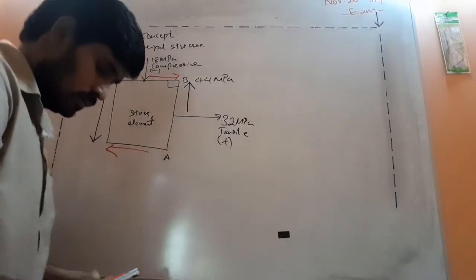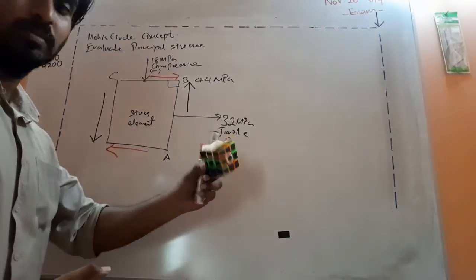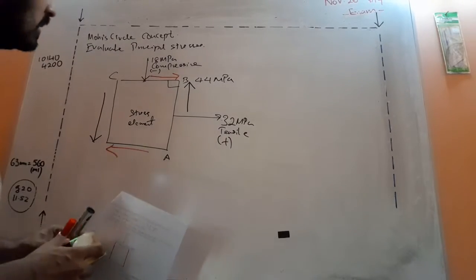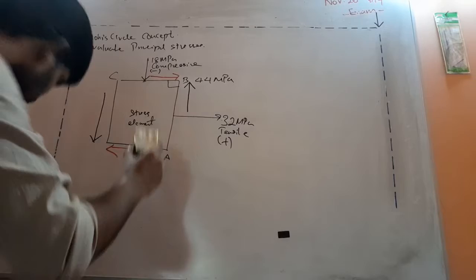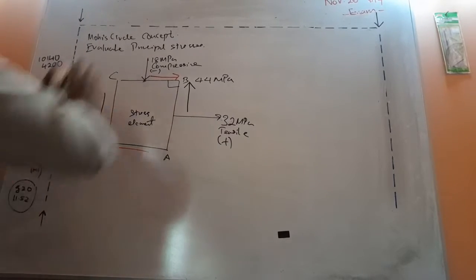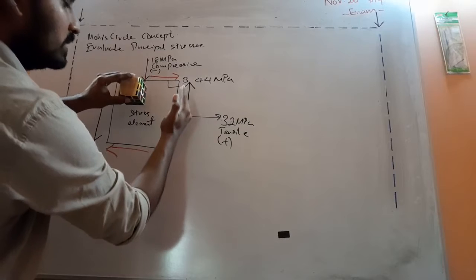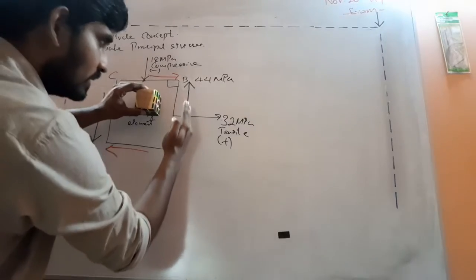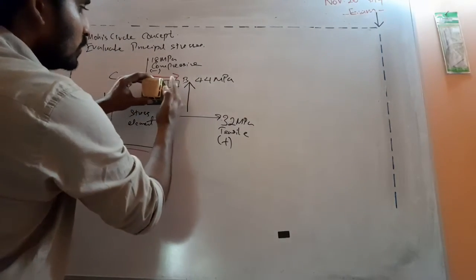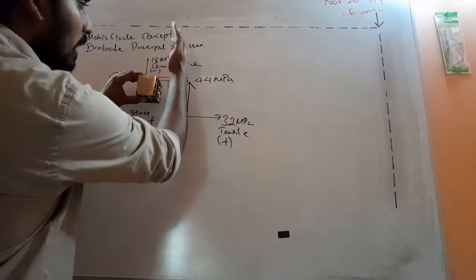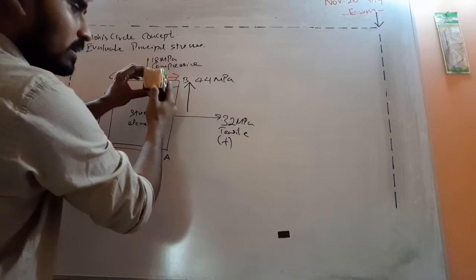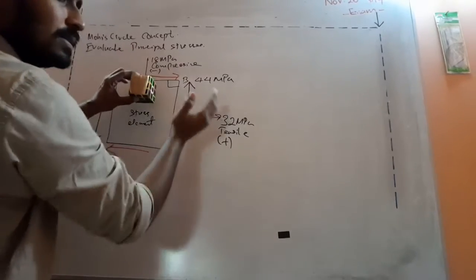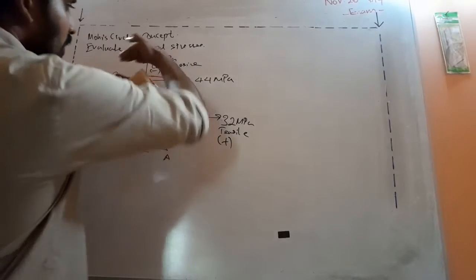Now I want to teach you another thing. Just consider this cube, which I have to explain this to you. Because of the shear stress you have here, directed upward, this cube will tend to rotate in the anti-clockwise direction.